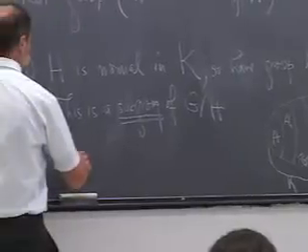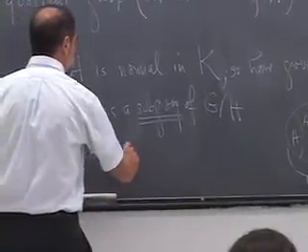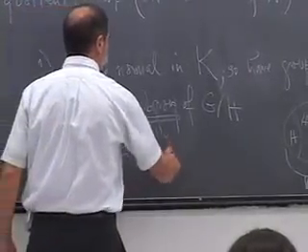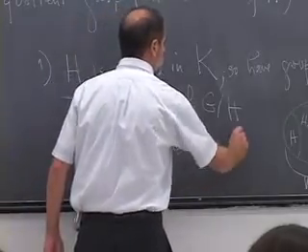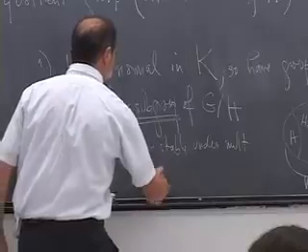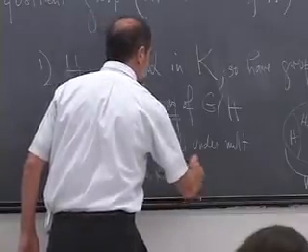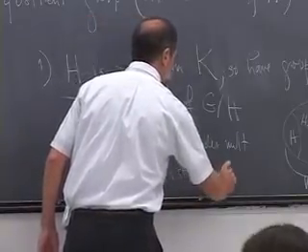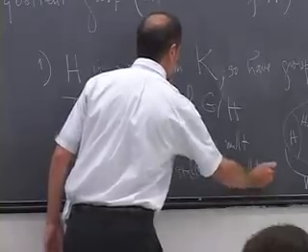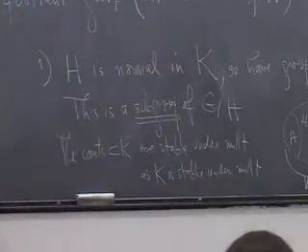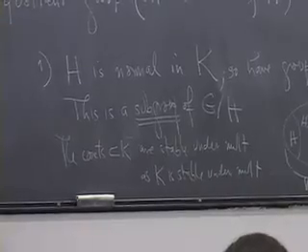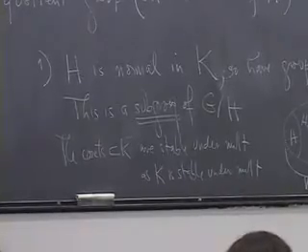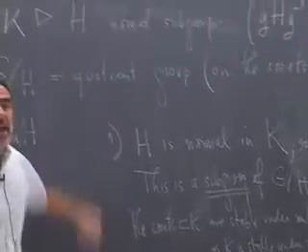The cosets contained in K are stable under multiplication as K is stable under multiplication. Okay? So if I have a group K containing H, then in the quotient group G mod H, I get the subgroup K mod H.